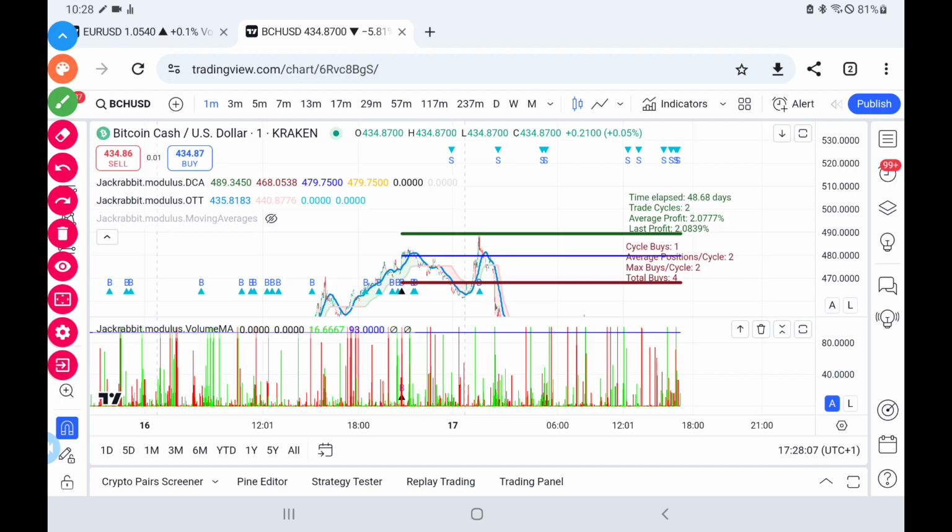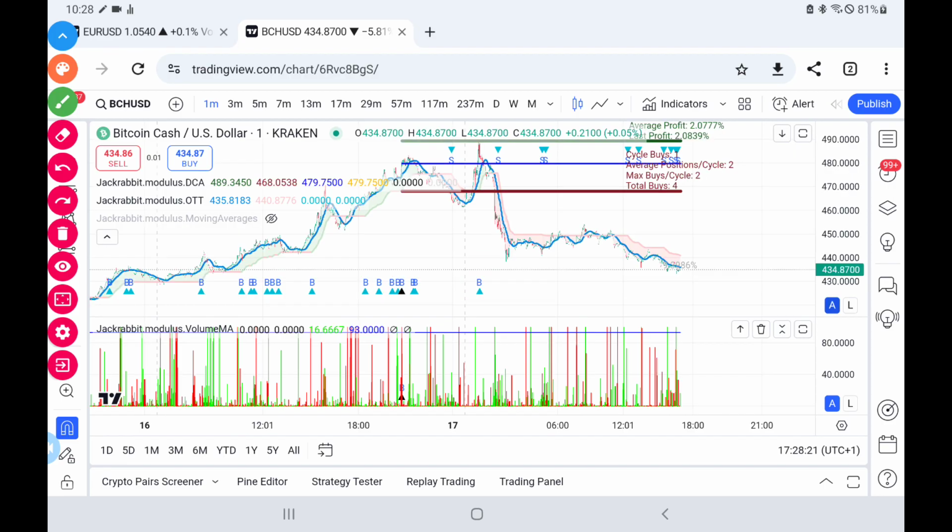Bitcoin Cash, 48 days for 2 trades. Not a good turnaround if you're looking for a lot of volume and movement in the market. Now again, this is on Kraken. Your exchange is going to be different. Check your exchange carefully.